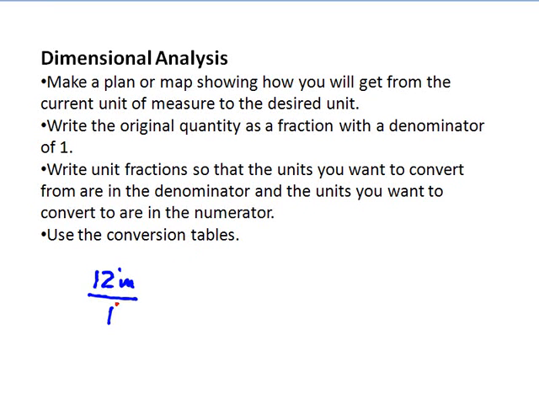Okay, now what is our conversion factor for inches to feet? We know 12 inches is in 1 foot, right? So we have 1 foot here and 12 inches, and we put this down in the denominator so that we can cancel out inches. And what will we have left?